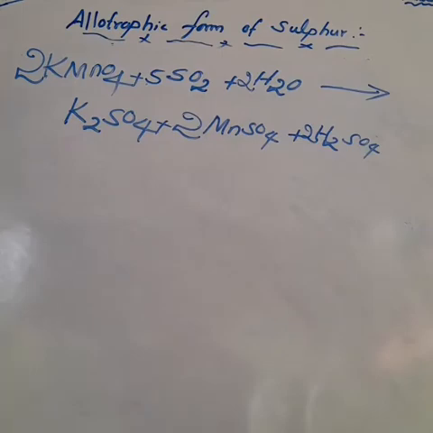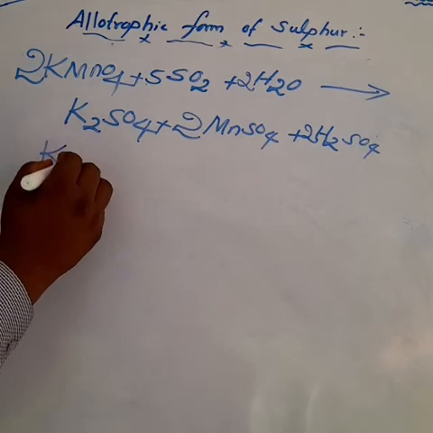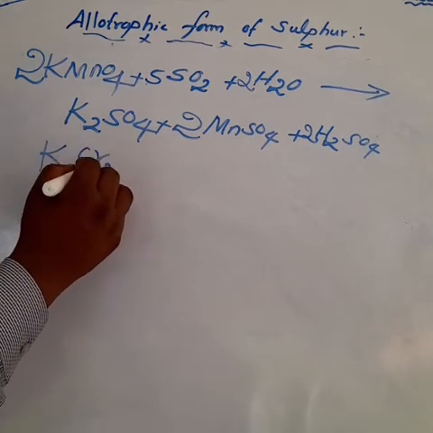So come to the reactant side, 5 sulfur. Now the equation is balanced. That is KMnO4 is converted into MnSO4. That's a point, okay? Potassium permanganate is converted to Mn2+ ion. Next, potassium dichromate is converted into Cr3+ ion.